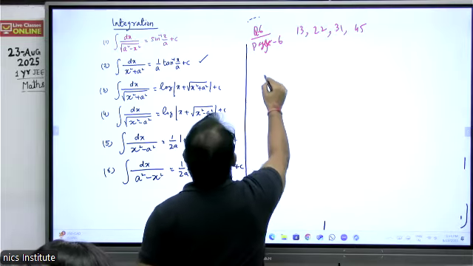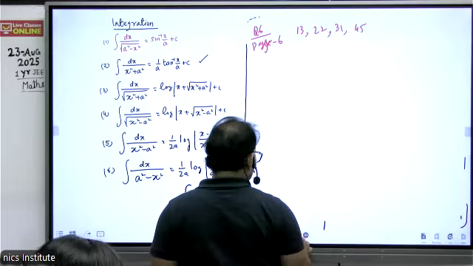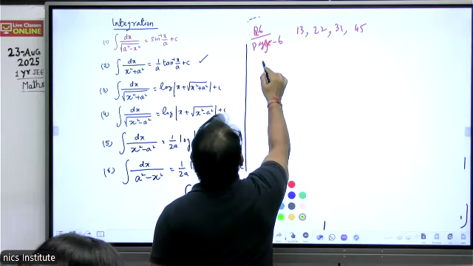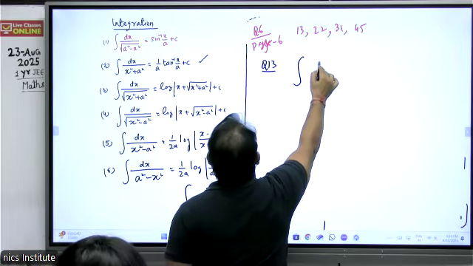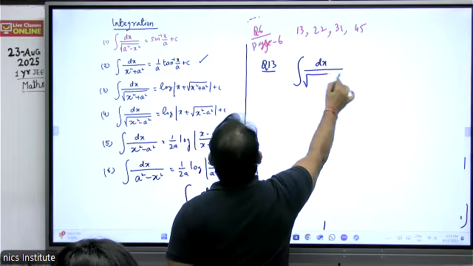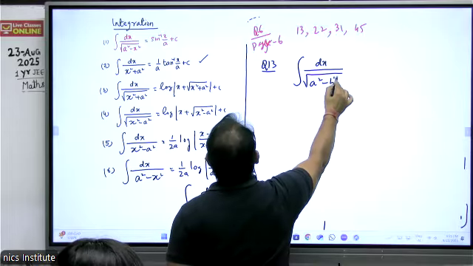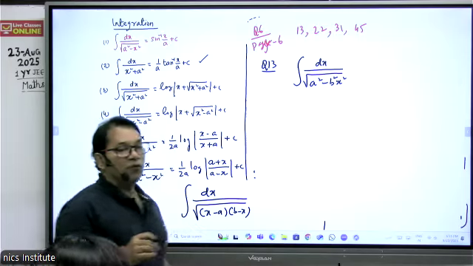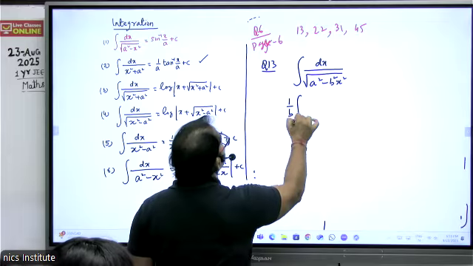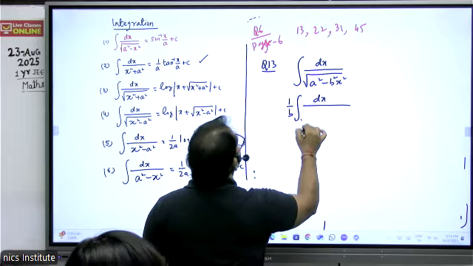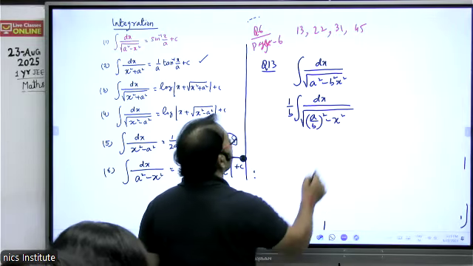Question 13. Anya, what is the question? B. Right. So ensure that the coefficient of x square is 1. So take b out. As a result, this integral would be the root of (a by b) whole square minus x square. Now which formula do you want to apply?